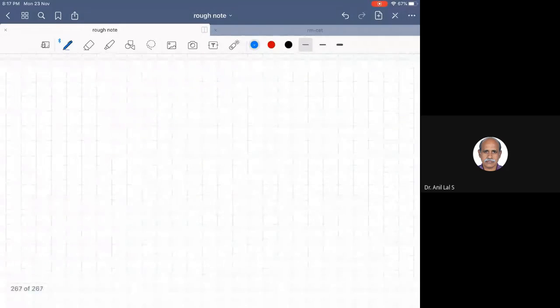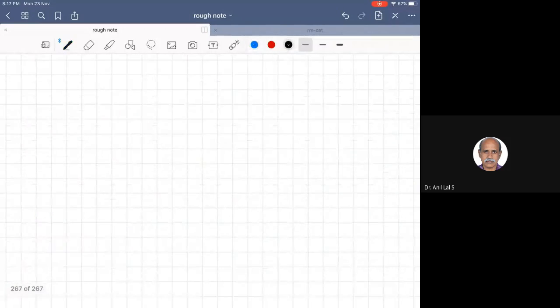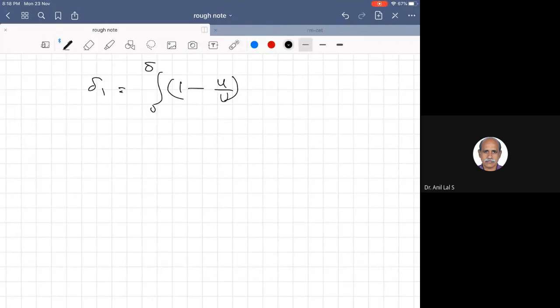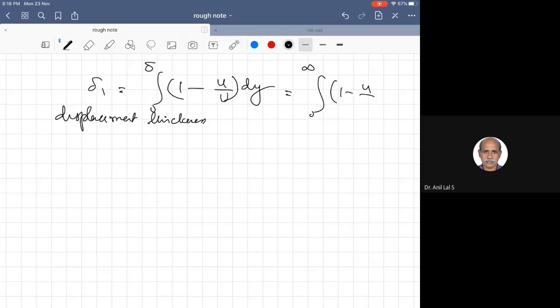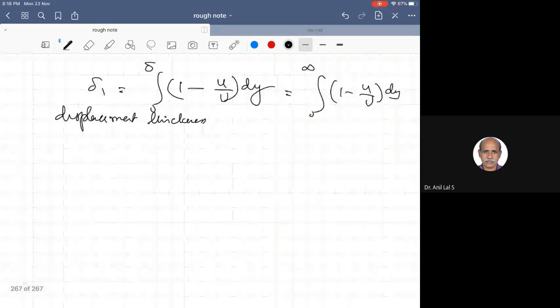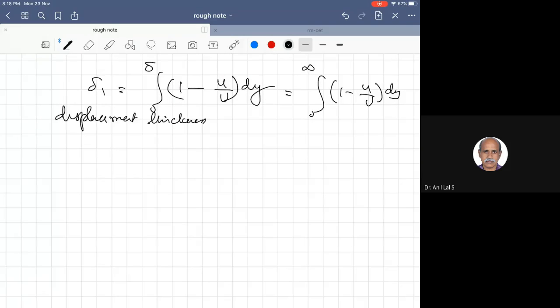So we get the displacement thickness delta 1 equal to the integral from 0 to delta of (1 minus u by U) dy. This is what is called displacement thickness. This integral is also equal to the integral from 0 to infinity of (1 minus u by U) dy. So this is about loss of mass to the boundary.